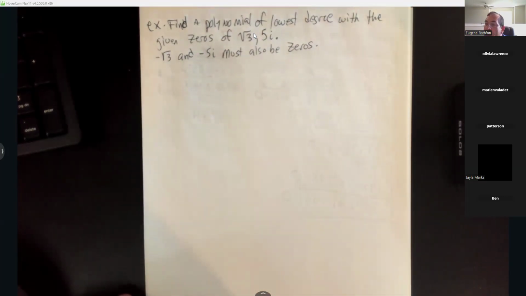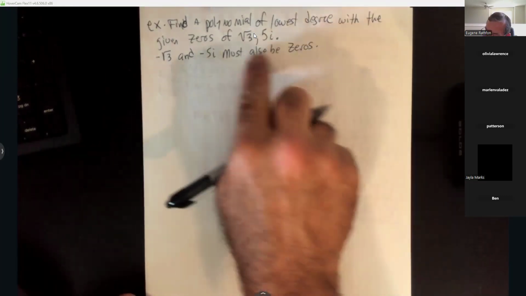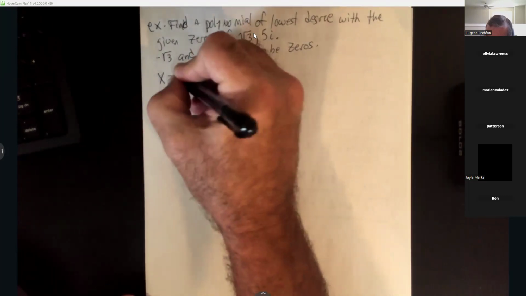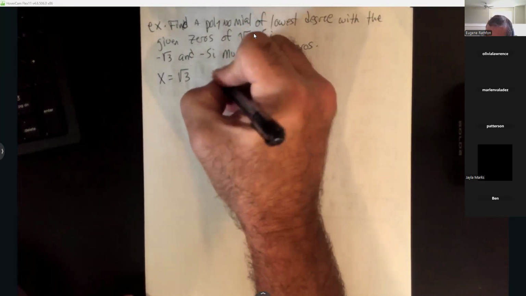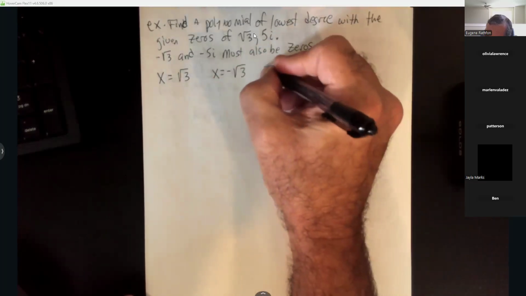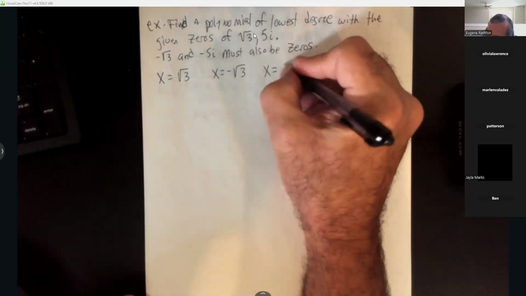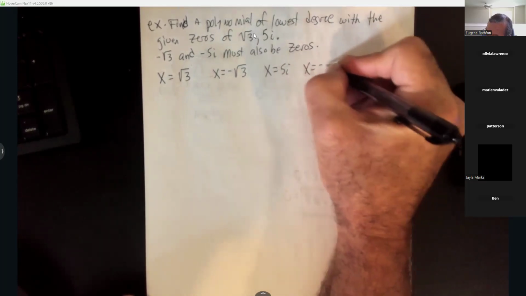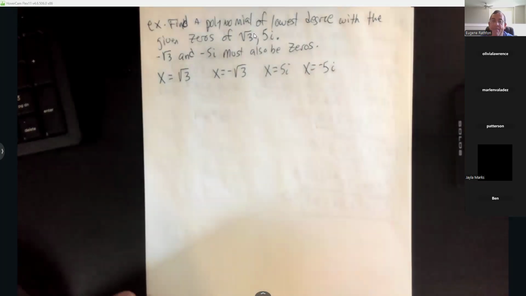So we're going to end up with an x to the fourth on this one, okay? And y'all, I'm just going to put things together. X equals a square root of 3. X equals a negative square root of 3. X equals 5i. X equals a negative 5i.